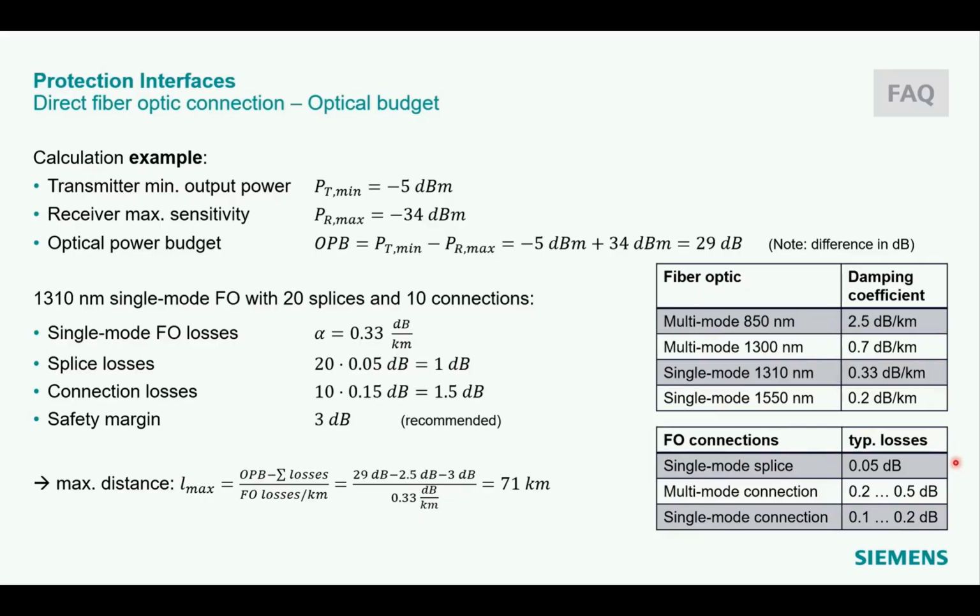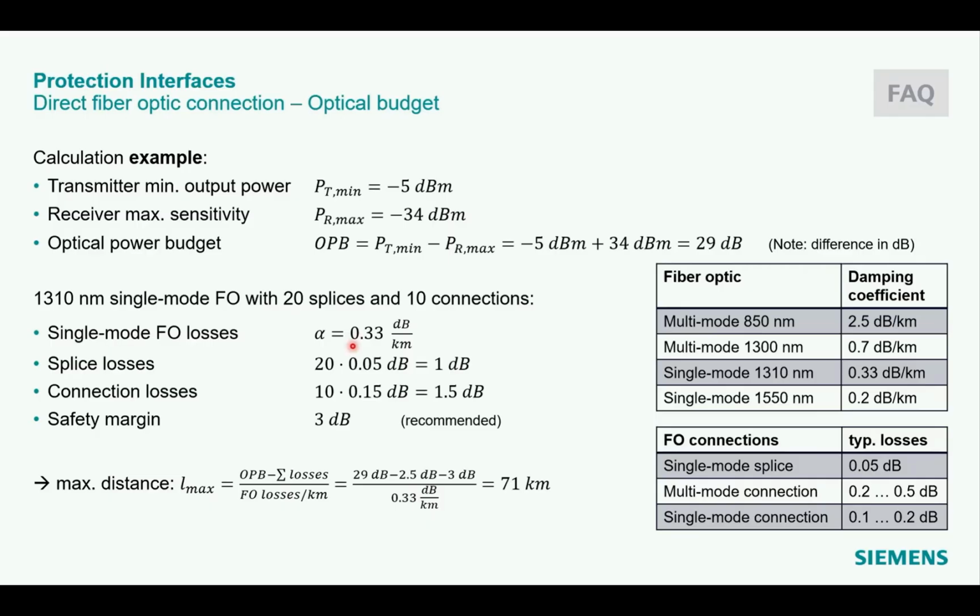And also for the connections: for single-mode splices, multi-mode connections, or single-mode connections. So assume that we have a 1310 nanometer single-mode fiber optic with 20 splices and 10 connections. Then you get the numbers from the table on the right-hand side.